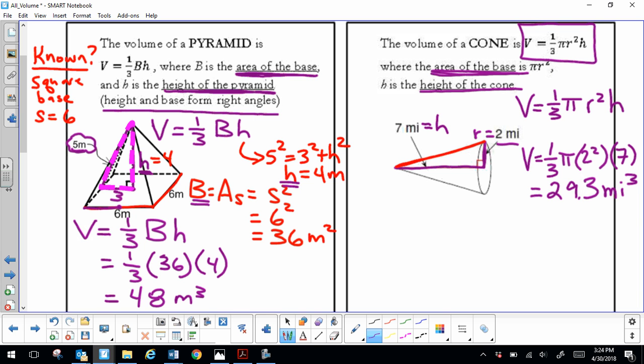So this, of course, could be in terms of pi, where we just leave the pi alone and multiply all the rest of the items together in order to determine what we would call it in terms of pi. But honestly, I don't think this is going to be very pretty, which is probably why I haven't even calculated it yet. But 1/3 times 4 times 7, since 2 squared is 4.